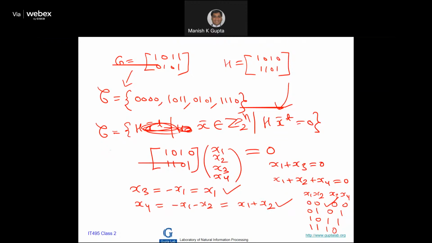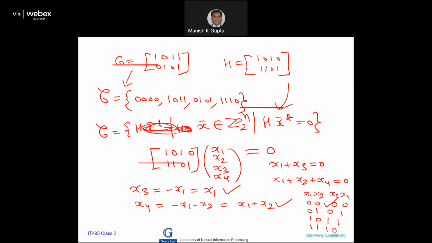So you draw a sphere along 0, 0, 0, 0. You draw a sphere along 1, 0, 1, 1. You draw a sphere along 0, 1, 0, 1. You draw a sphere along 1, 1, 1, 0. When I say sphere, I mean a sphere of some radius, exactly the same way you study in mathematics, with respect to the distance. Then you will see that these spheres are disjoint.